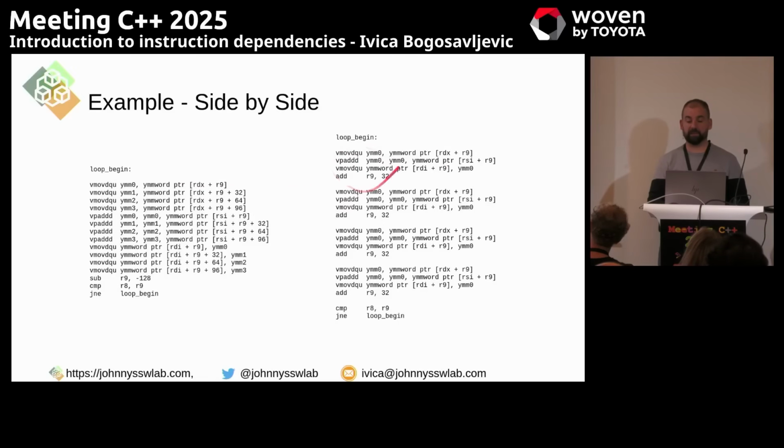I just repeated the body of the loop of the no unroll version 4 times, and I just removed these 2 instructions, compare and jump. But again, what the compiler generated was faster. No, sorry, this one is slower.